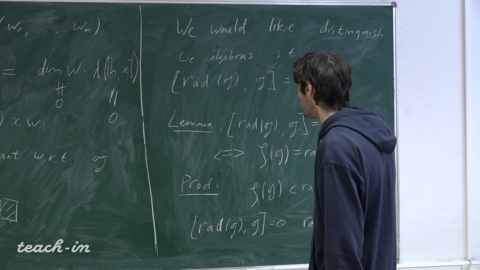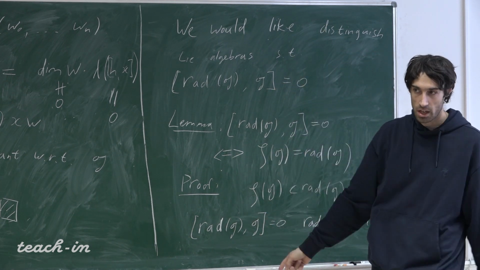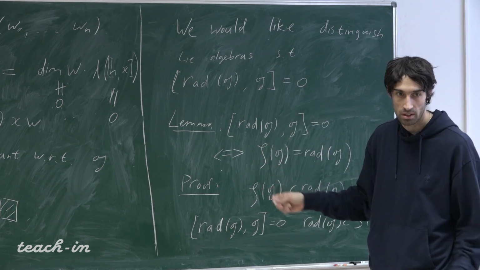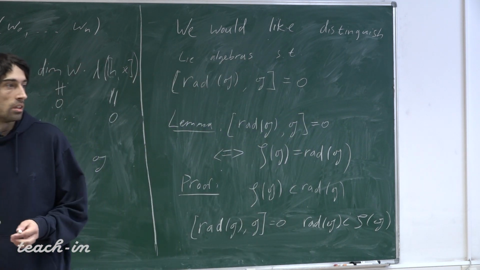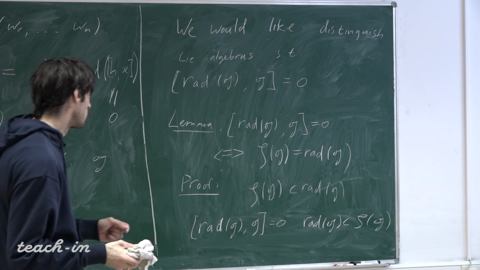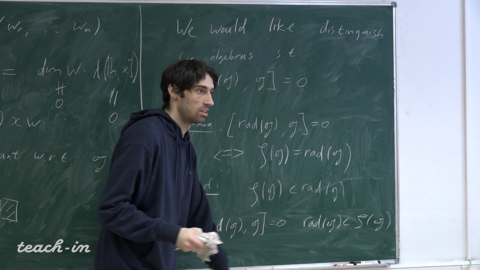Very good. So we would like to distinguish such algebras, and there's a special name for them. They're called reductive Lie algebras. Reductive are those that have this commutant being equal to 0, or equivalently, the center coincides with the radical.